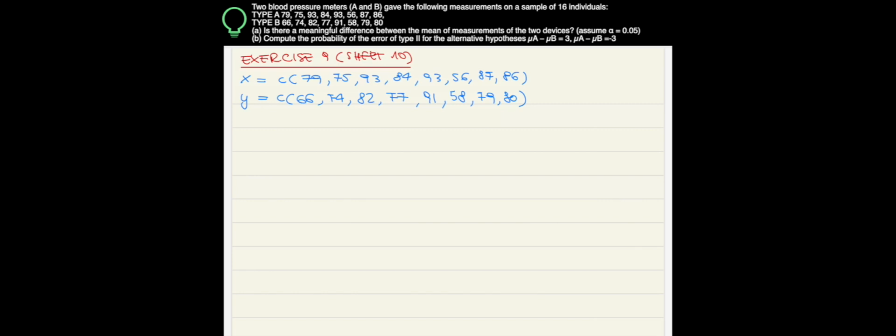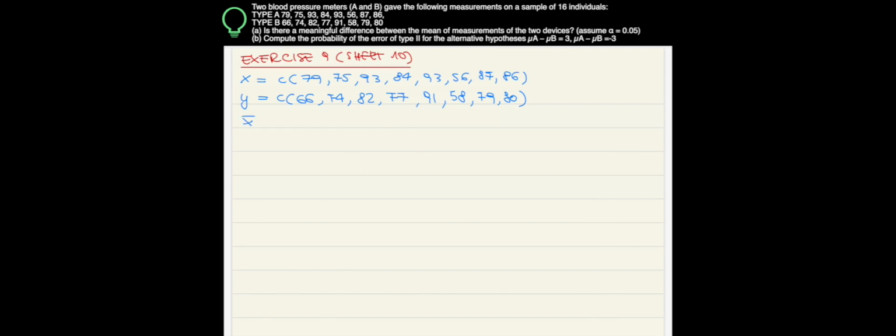So the first question is: is there a meaningful difference between the mean of measurements of the two devices? So first of all, let's calculate some statistics of these two samples that we will need for carrying over this hypothesis test.